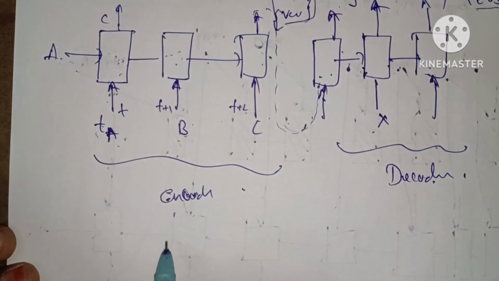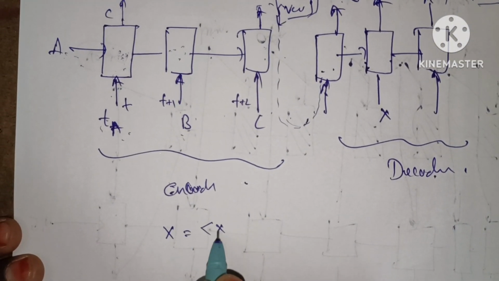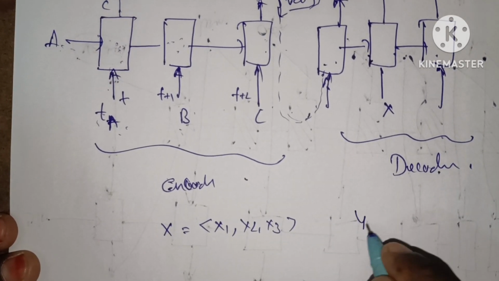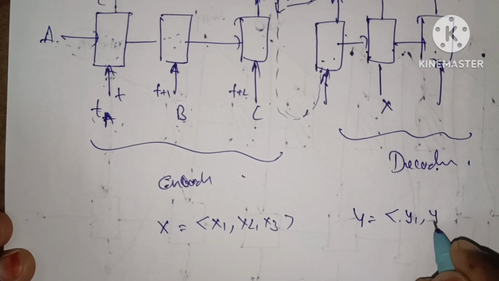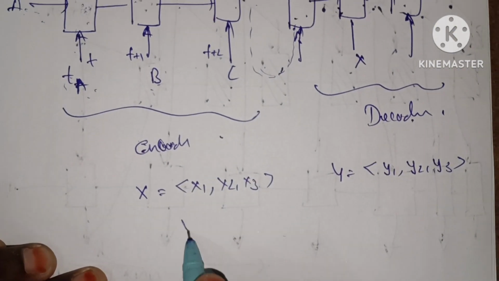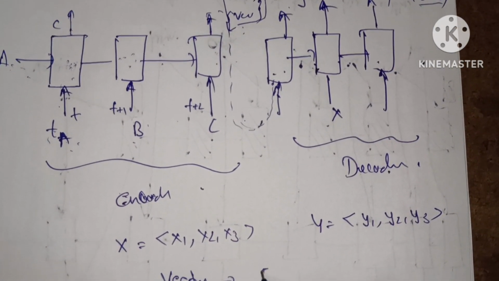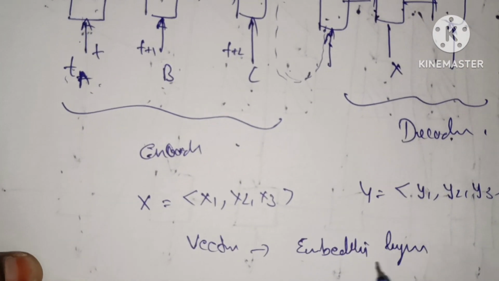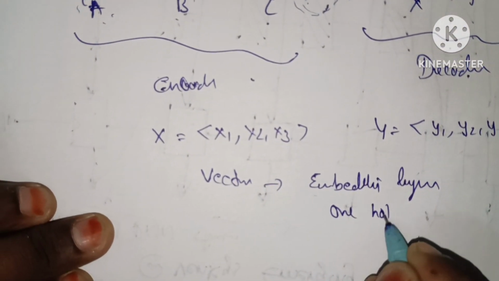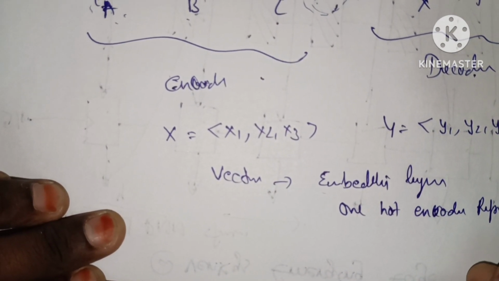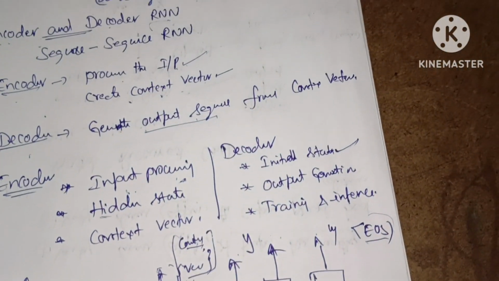X is the input like X1, X2, X3, and Y is the output like Y1, Y2, Y3. These vectors are nothing but an embedding layer, with one hot encoding representation applied. This is called the encoder and decoder RNN. Is it clear? Thank you.